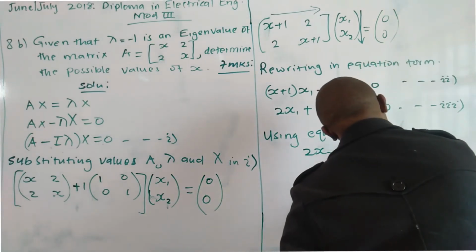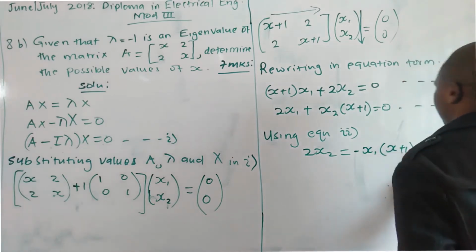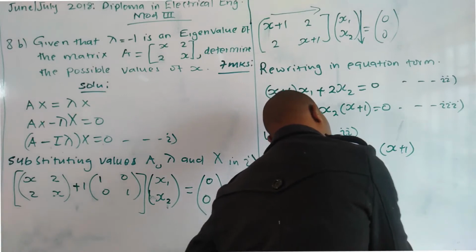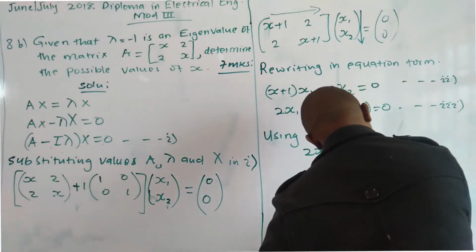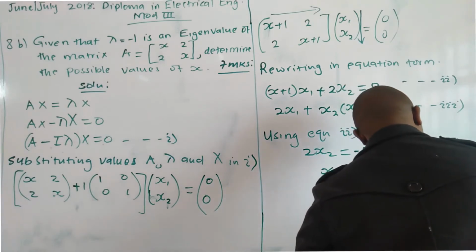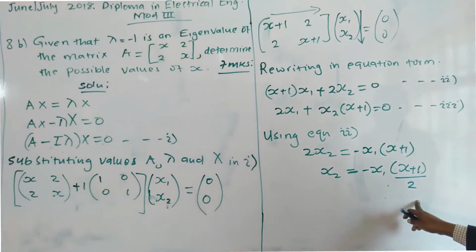So we have x2 is equal to negative x1 (x plus 1) over 2, if we divide both sides of the equation by 2.